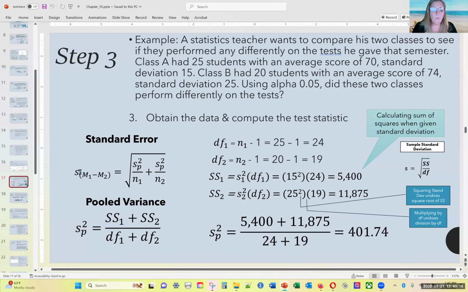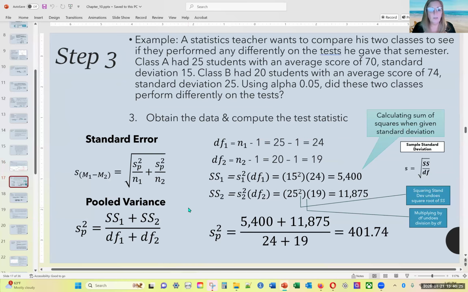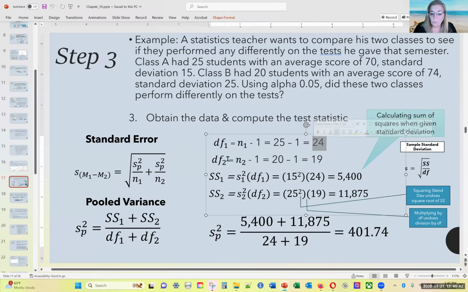So how did we arrive at this degrees of freedom of 40? Well, let's look. First, you obtain the sample data and compute the t-statistic. For degrees of freedom, for the first group, it's n-1. They had 25, so that ends up being 24 for the first group. For the second group, it was n-1 for a group of 20 people, which ends up being 19.